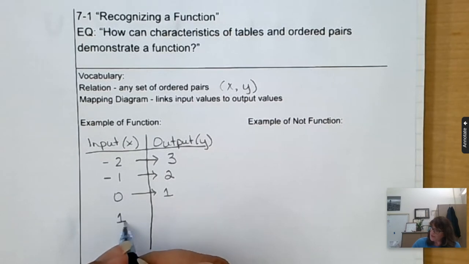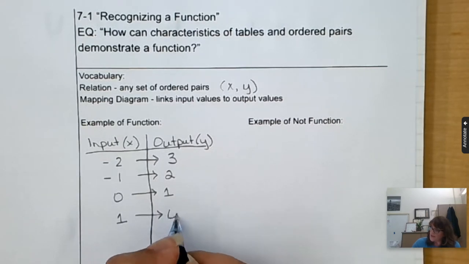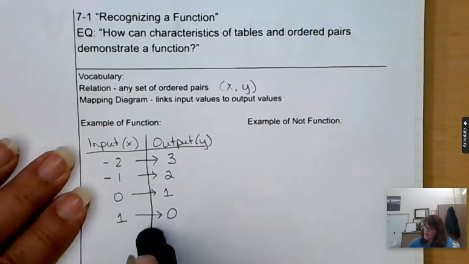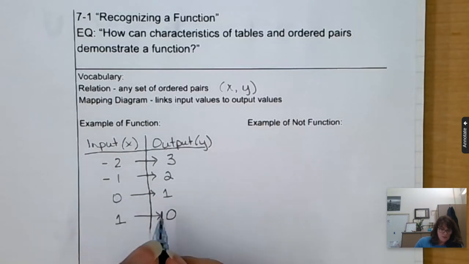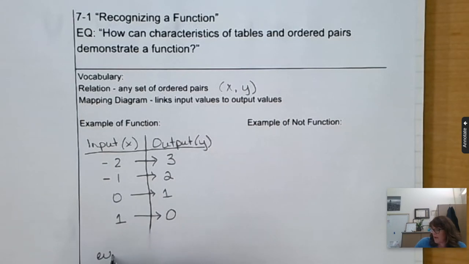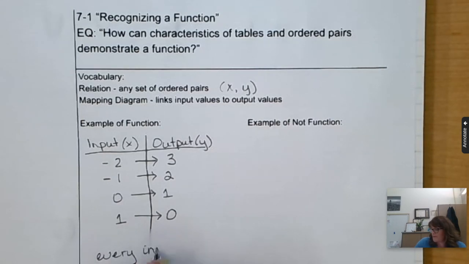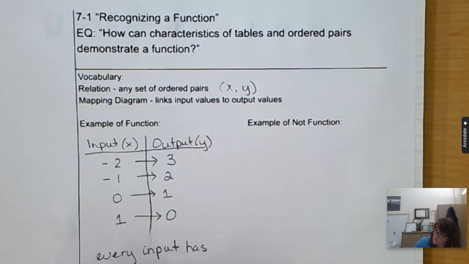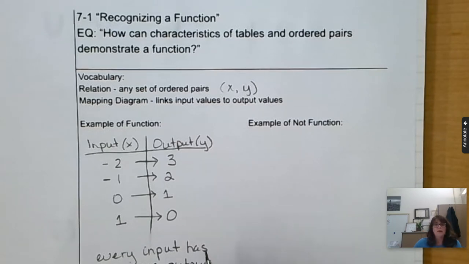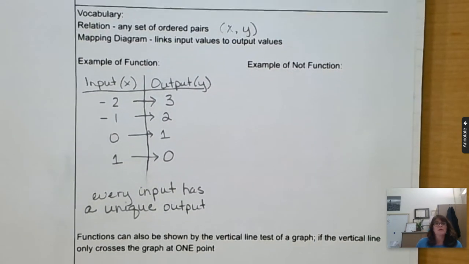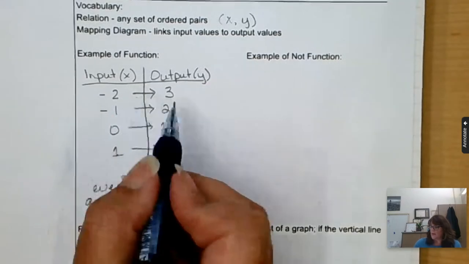My input is 1, my output is 0. Every single input has a unique output.